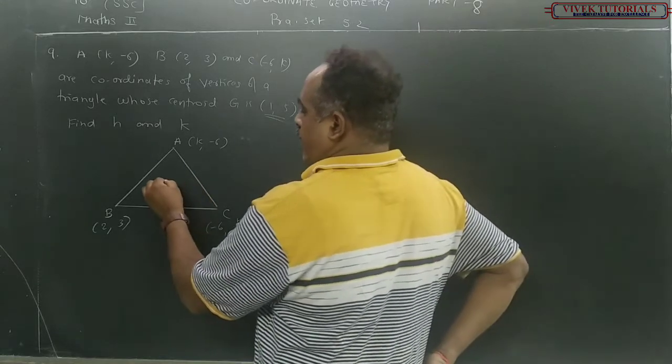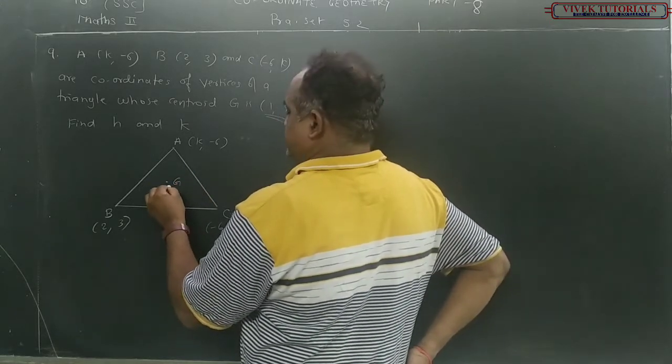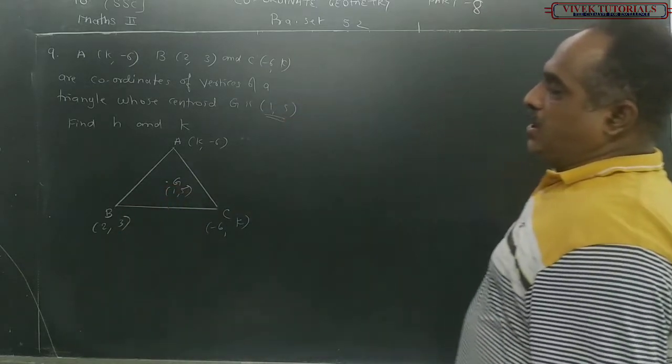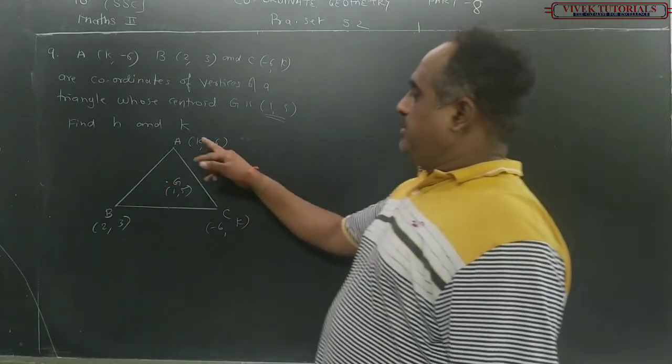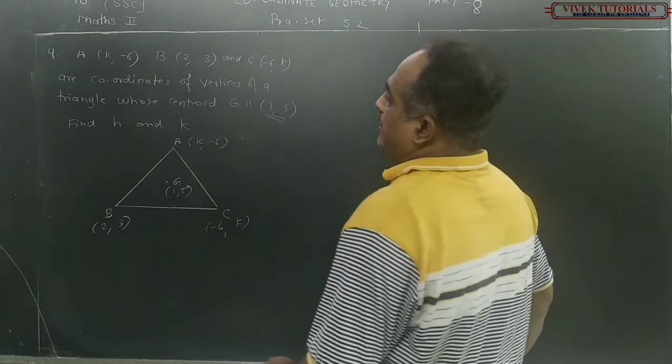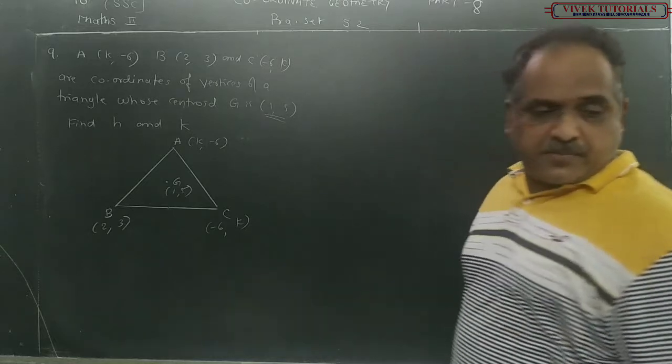And centroid G is (1, 5). They are asking the value of what? k and h.